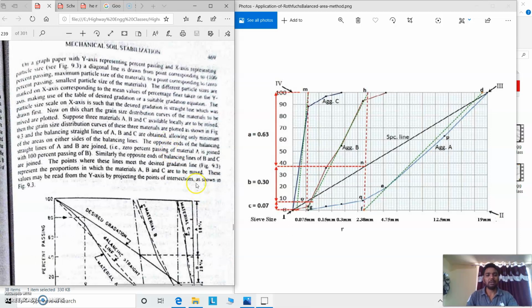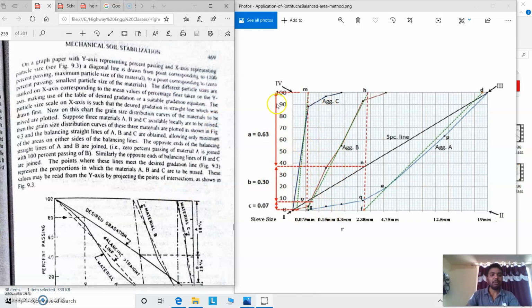In this lecture, we just learn how the percentage of each material in the subgrade layer is obtained. Let us consider an example graph.